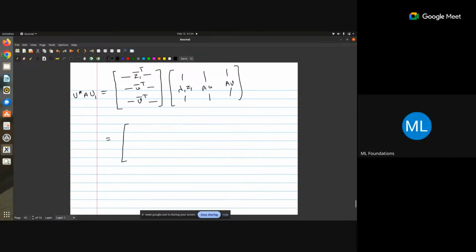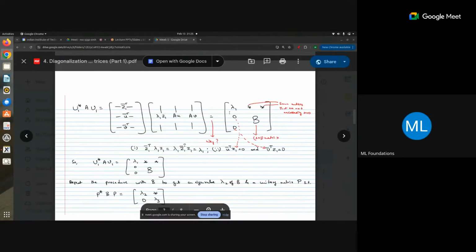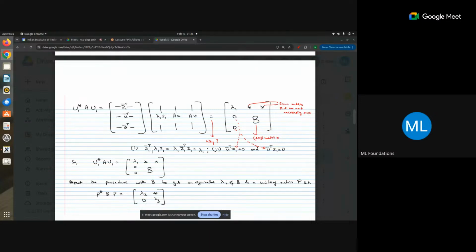So what will be its first element then? It is Z1 bar transpose times lambda 1 Z1. Can I say it will be lambda 1 times Z1 bar transpose Z1? Is that correct?